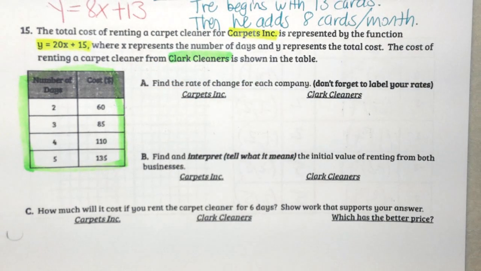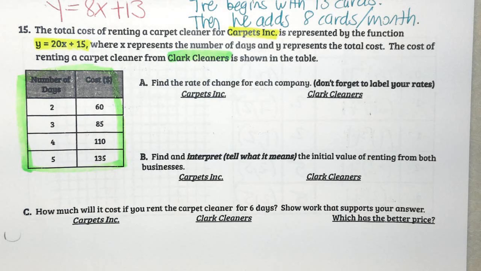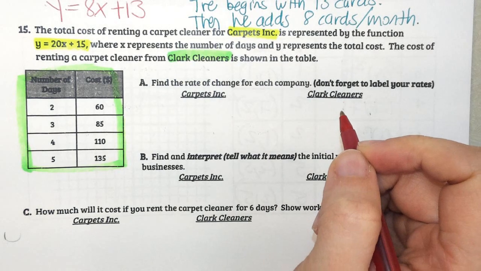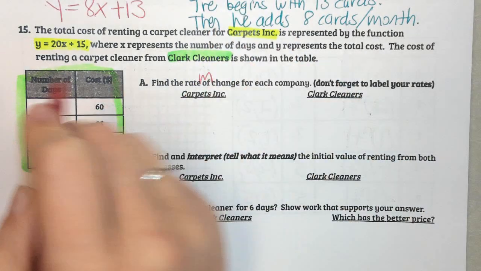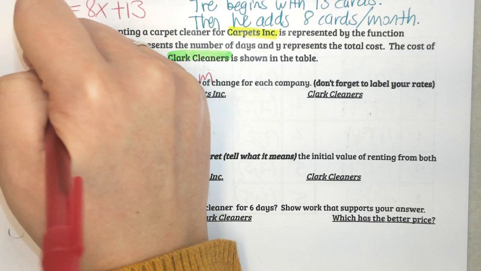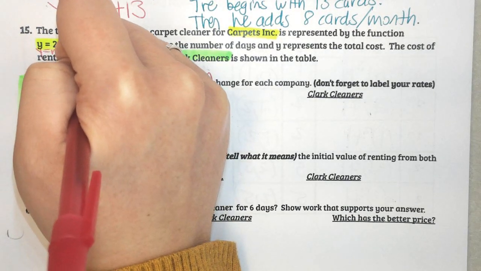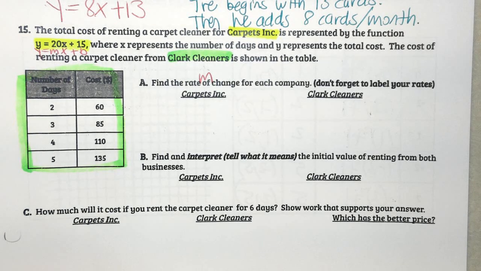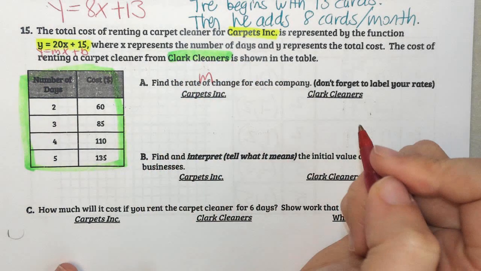I like to go through and do one entire company at a time. So like on this one, rate of change. Rate of change is what letter, M or B? M. So if I look at this for Carpets Inc., and I think y equals mx plus b, Aubrey, what's my M? What's my rate of change? 20. And it would be 20 what per what?